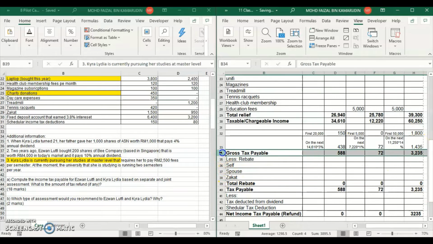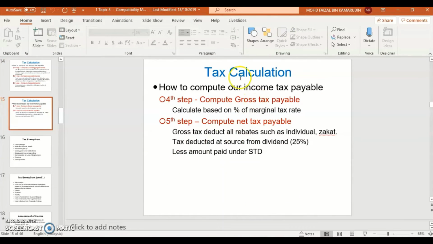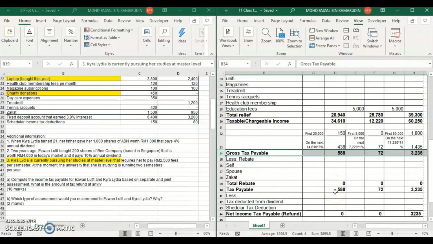So this is what we call gross tax payable, which is step 4. Next let's move on with the tax payable.